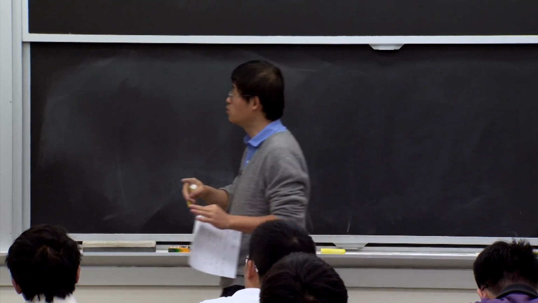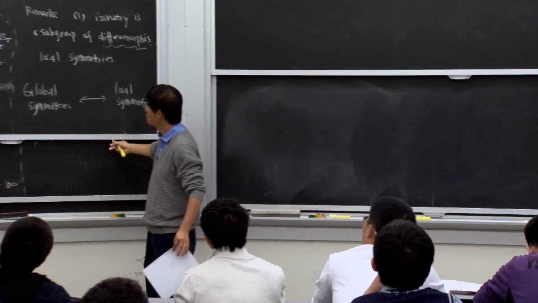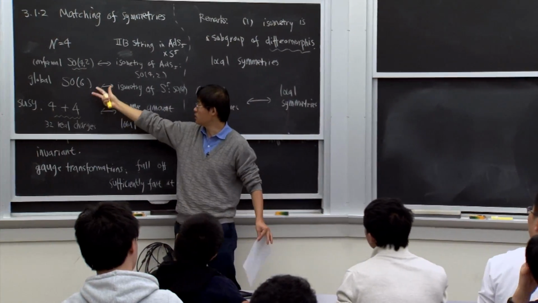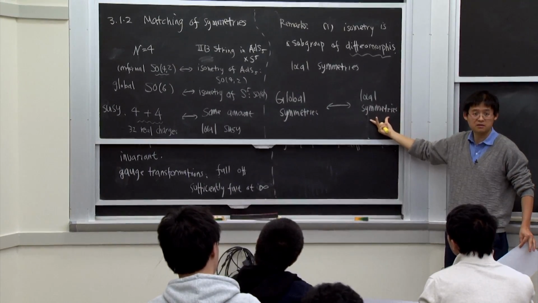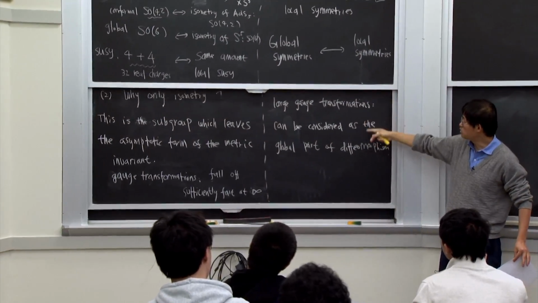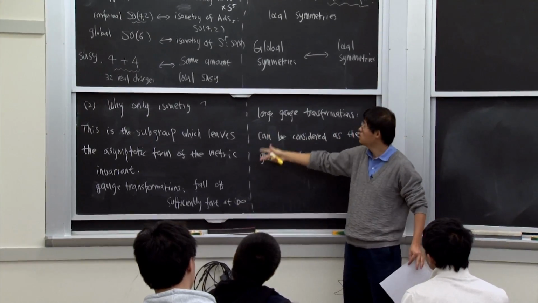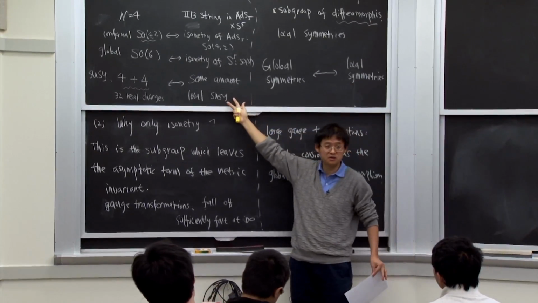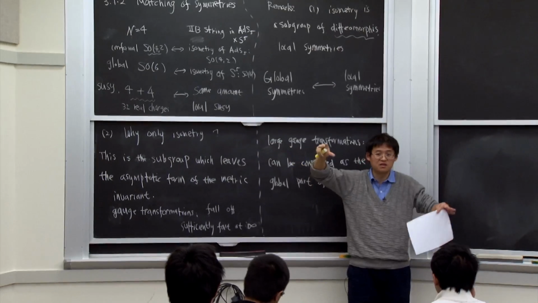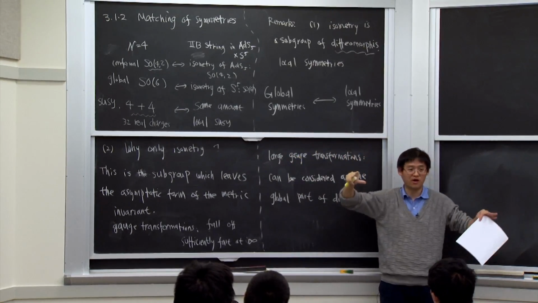This is also the reason I make this remark here. Even though all these global symmetries find corresponding local symmetries on the gravity side, precisely due to this remark, those things which really map to the global symmetries in the Yang-Mills field theory can be considered as a global part of the local symmetries on the gravity side.